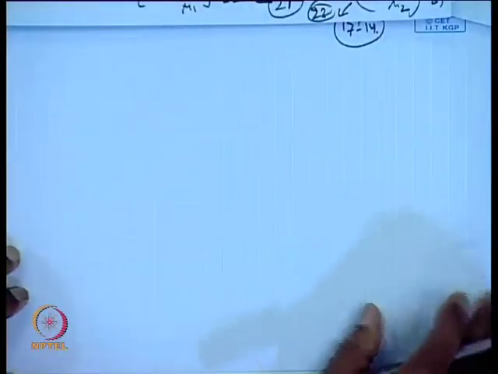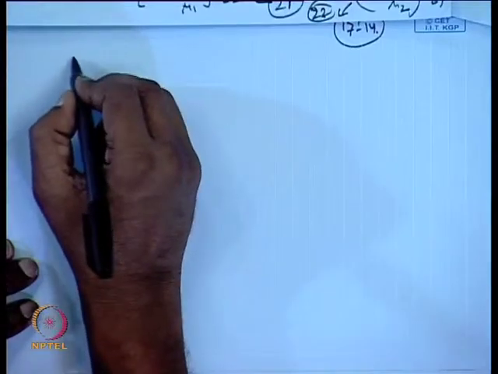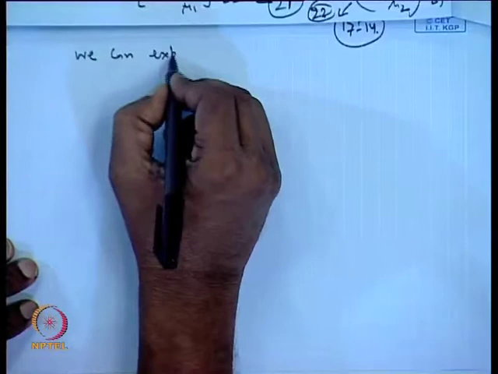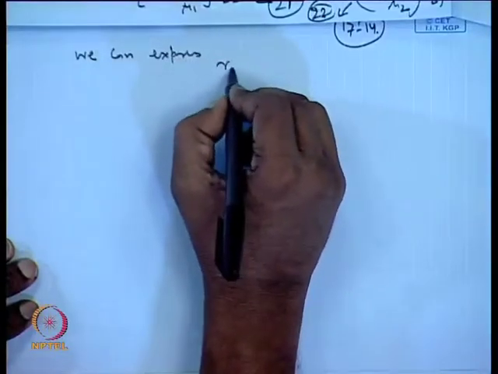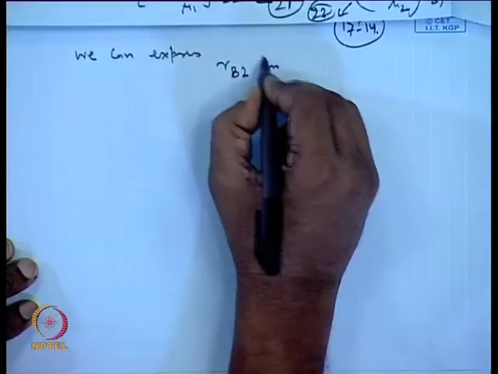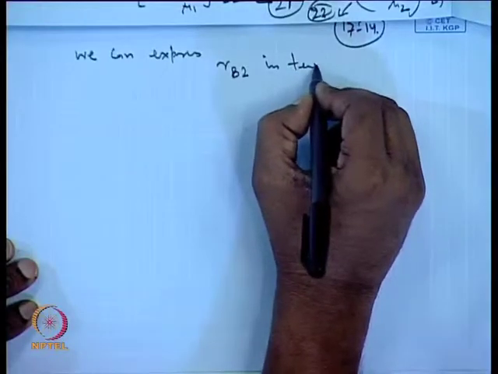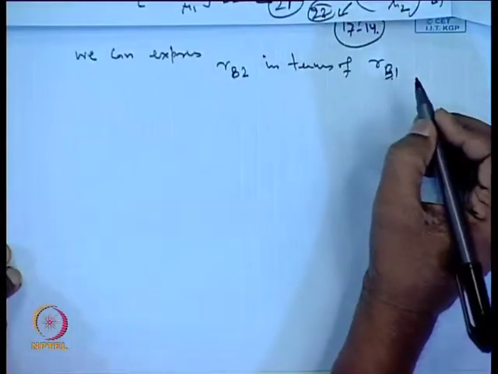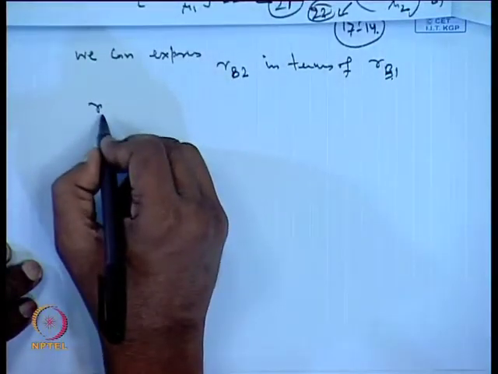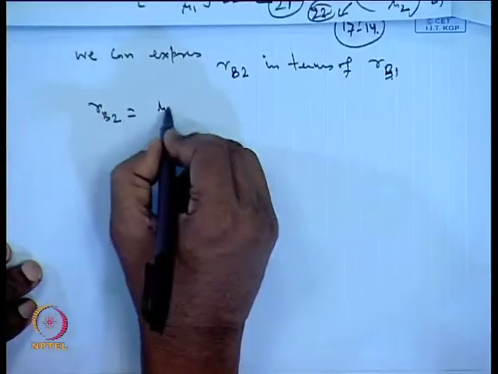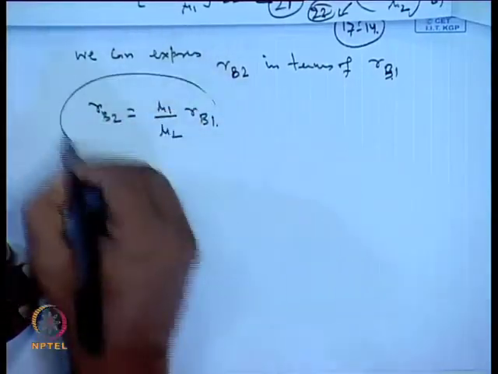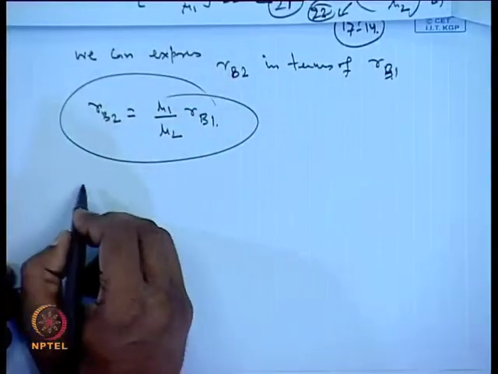So, RB2 can be expressed in terms of RB1, which we have written earlier. So, RB2 is nothing but mu 1 by mu 2 times RB1. So, use this result to resolve the things further.